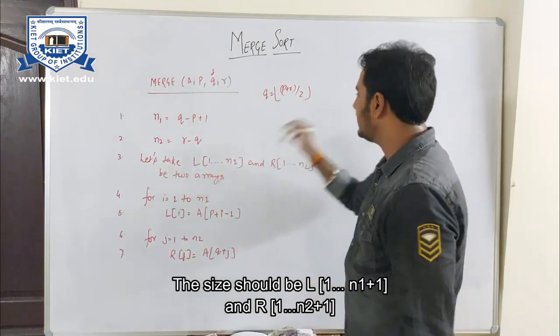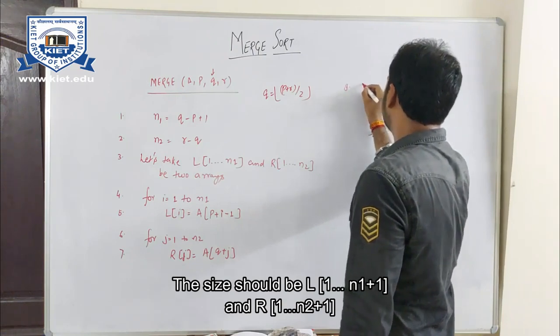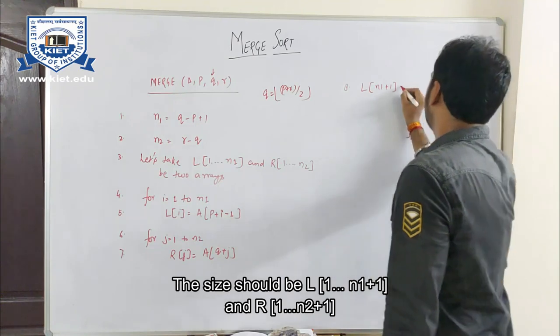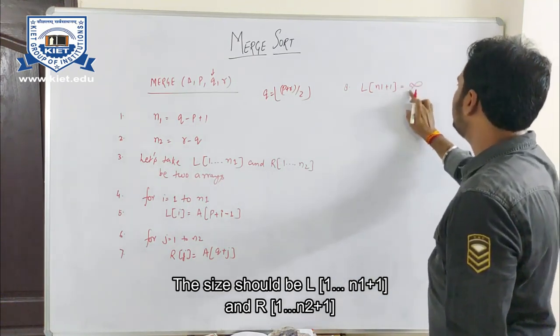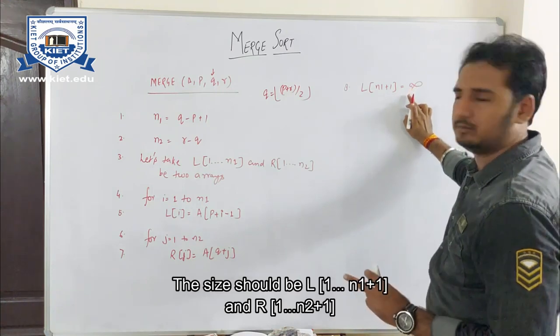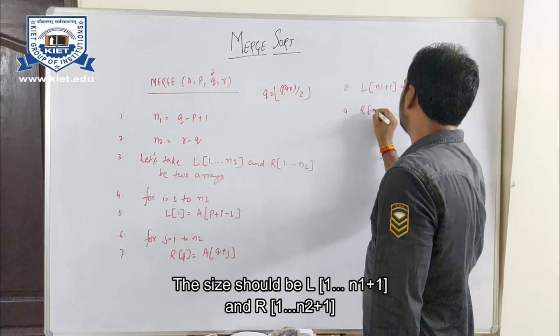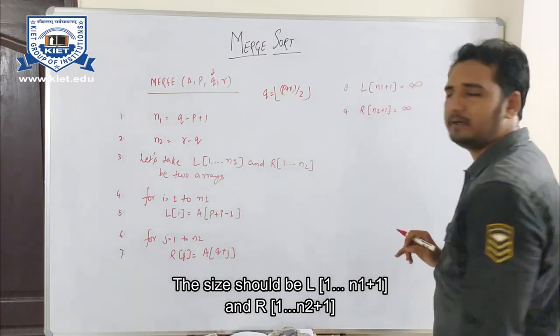Now at the end of this left part of the array, we will put infinity. So at L of n1 plus 1, you are going to put infinity. Here infinity indicates a very large value, and at R of n2 plus 1, you are again going to put infinity.